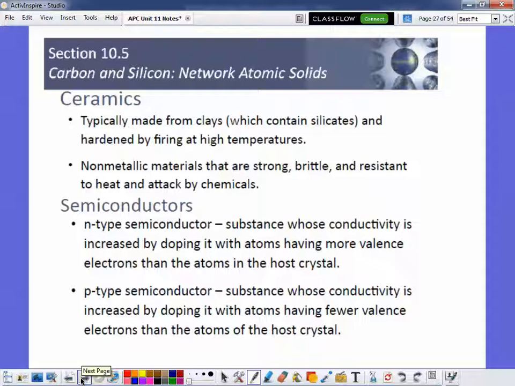Semiconductors, you don't really need to know the different types. Just know a semiconductor is made by taking, typically, silicon, but other substances can be used, and you end up doping it with other atoms that increase the conductivity in some way. We're not going to get into all the details, okay? Just know that semiconductors are made to increase conductivity.